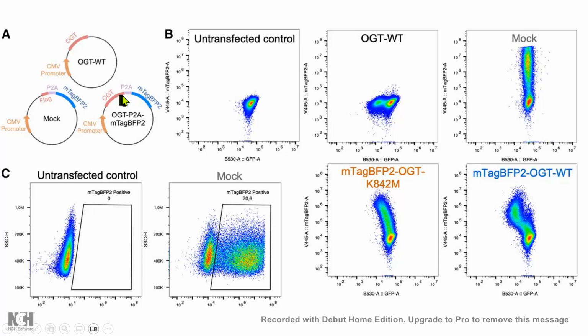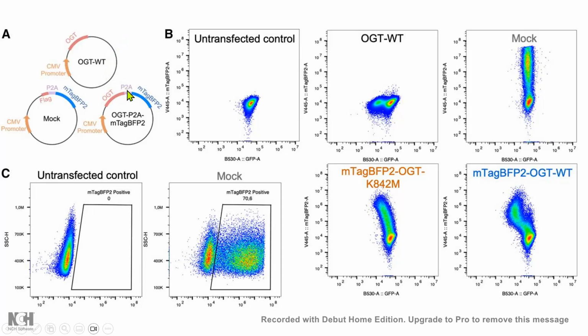Then, when the ribosome doesn't hit a stop codon, because there's no stop codon here, this is important, it runs into the P2A sequence, and this is a magical secret code that causes the ribosome in mammalian cells to stutter. And this stuttering, most of the time, causes just the protein to be ejected. So, boop, there goes OGT, released into the cytoplasm.